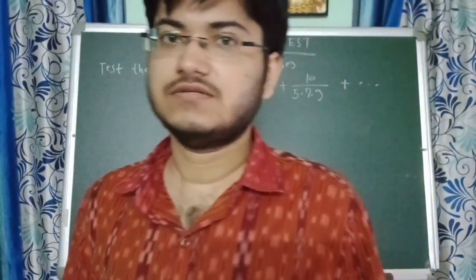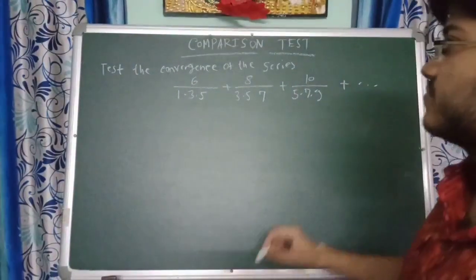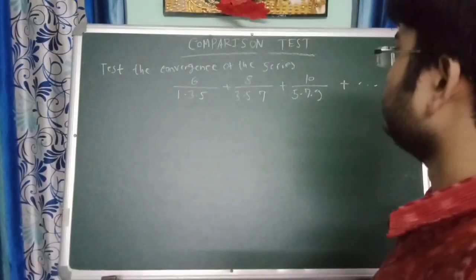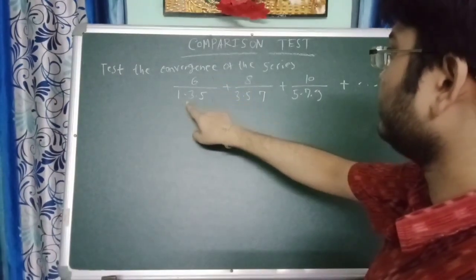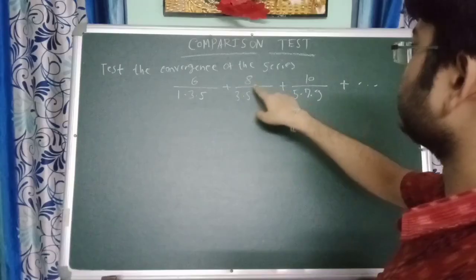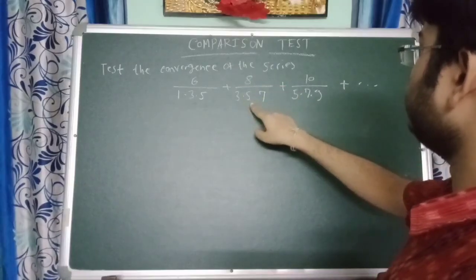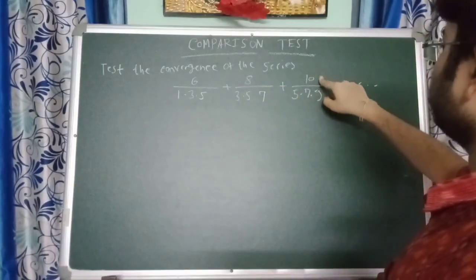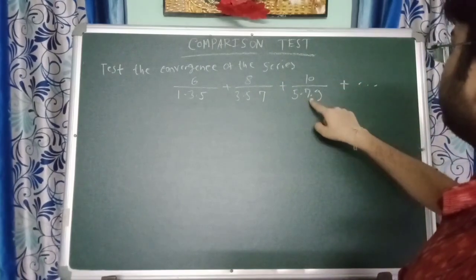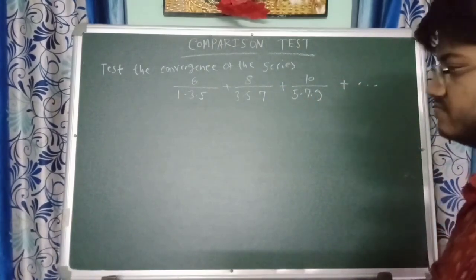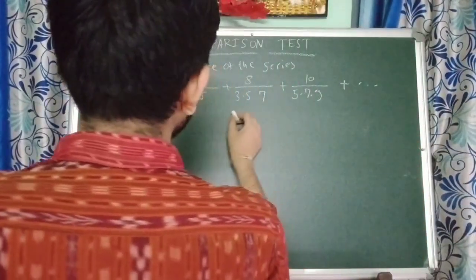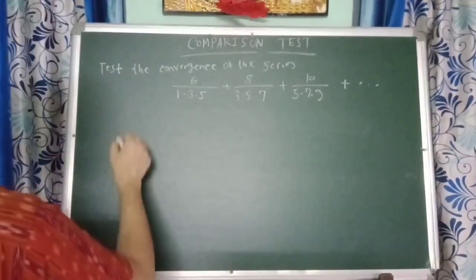Next we discuss the problem: test the convergence of the series 6 divided by 1 into 3 into 5, plus 8 divided by 3 into 5 into 7, plus 10 divided by 5 into 7 into 9, and so on. So first we recognize the general nth term.